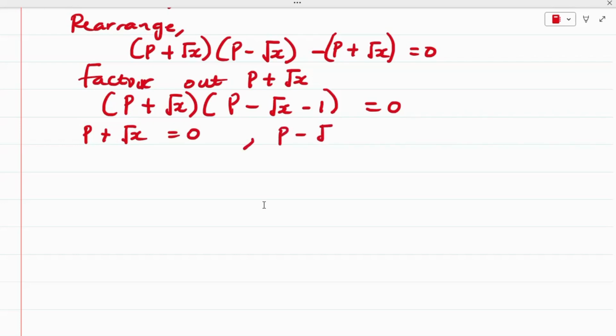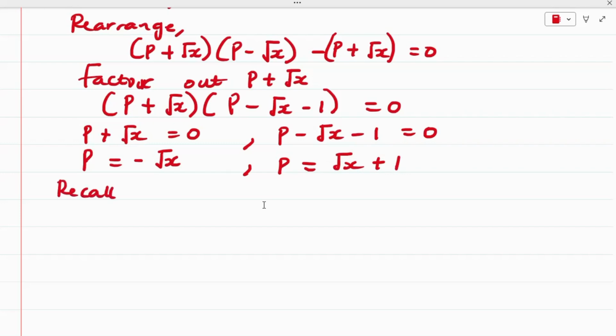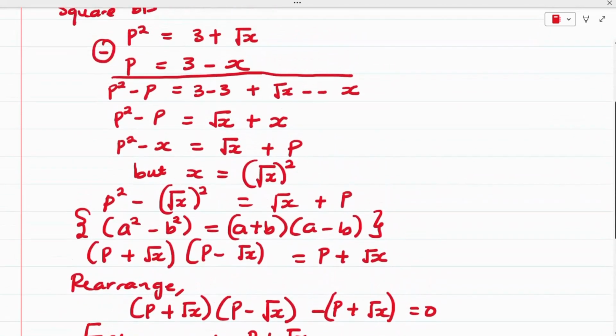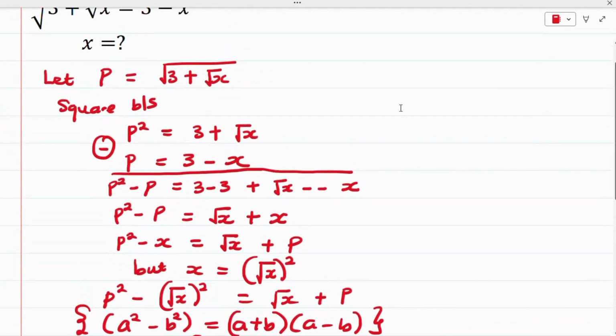and p minus the square root of x minus 1 is equal to 0. So p is equal to negative the root of x, and p is equal to the root of x plus 1, if we simply collect like terms. Now we want to recall that at the beginning we said that p is equal to the square root of 3 plus the root of x.